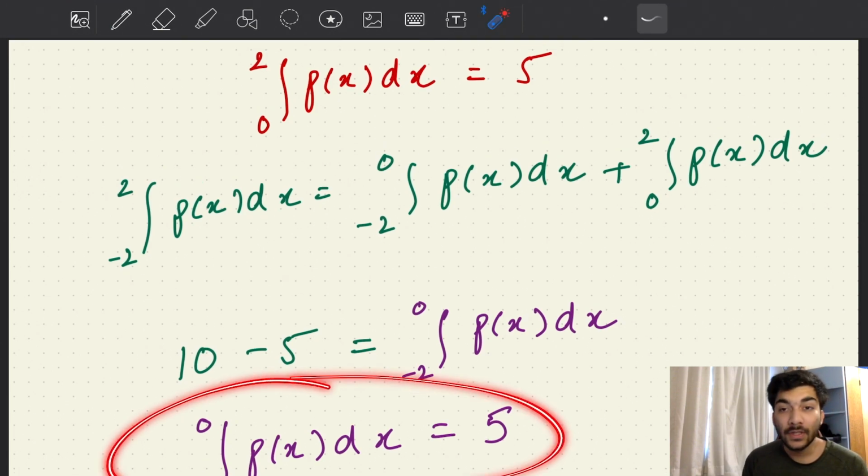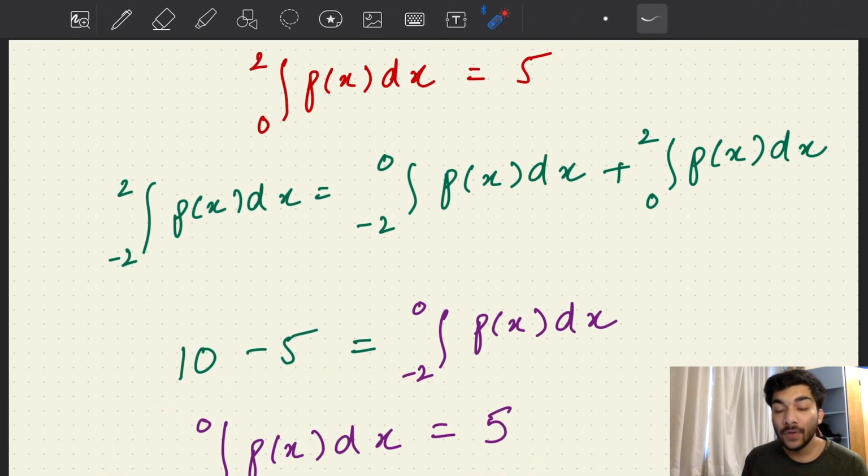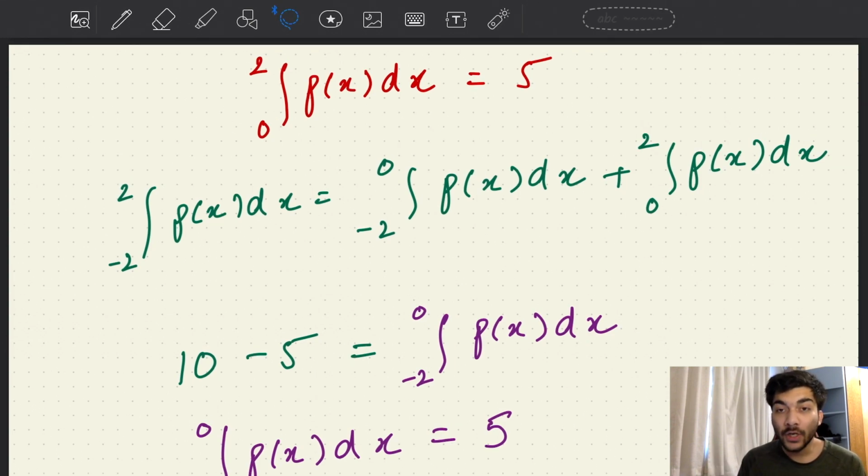Based on this answer, we can notice a very important observation: whenever you have an even function and you take a definite integral from 0 to a for that function, that definite integral is equal to the definite integral from -a to 0. That is an important observation that we discovered in this example.